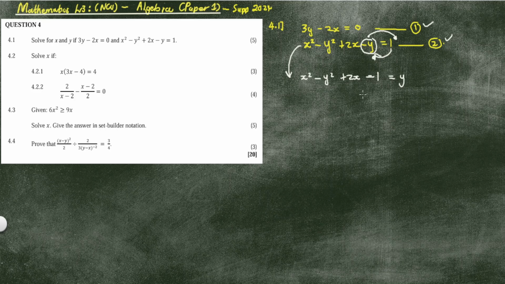Now, the trick is that once you have y as the subject of the formula, I'm expecting the other side to have only one variable. So if I made y the subject, I'm expecting to see only x variables on the other side, which is not the case. We have a y squared on the other side, right? So that's the trick with picking equation number 2.